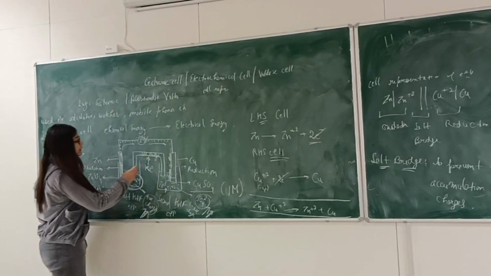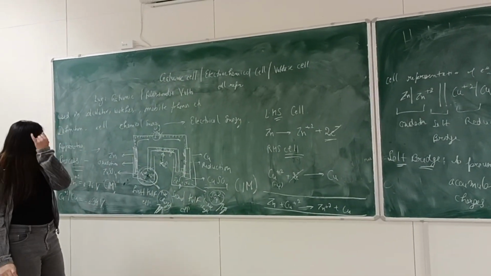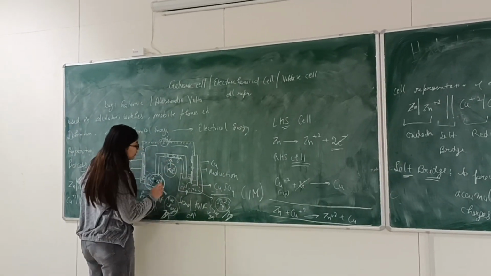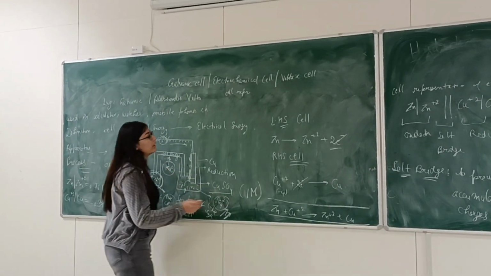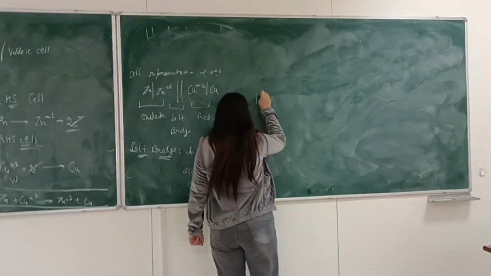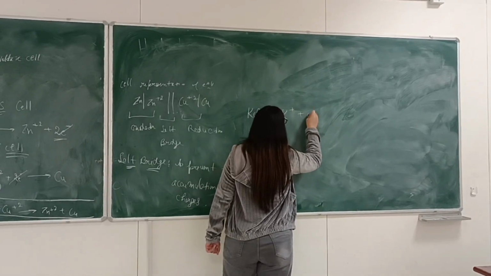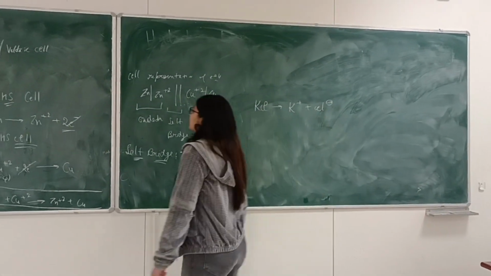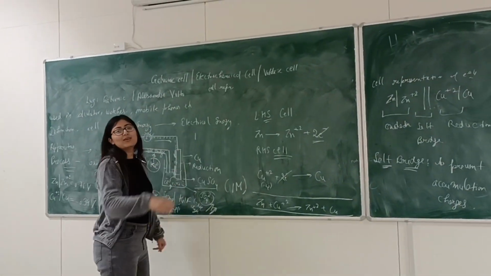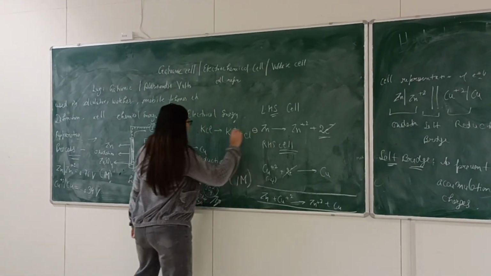So we have placed the salt bridge so that there will be no accumulation of the charges. The KCl will break down as K positive and Cl negative.